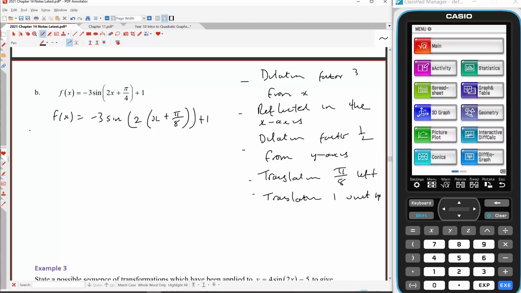Let's run some mapping now and see what mapping tells us. So we're going from y equals the sine of x to y equals -3 sine (2x plus pi on 8) plus 1. Right, so I'm going to subtract 1 and divide by -3.